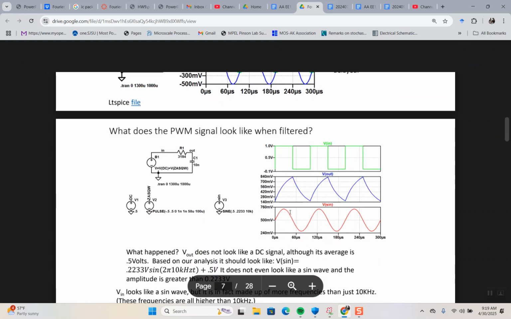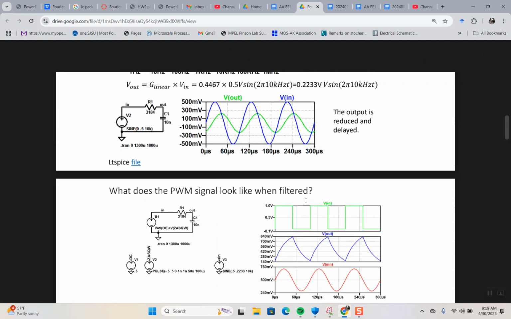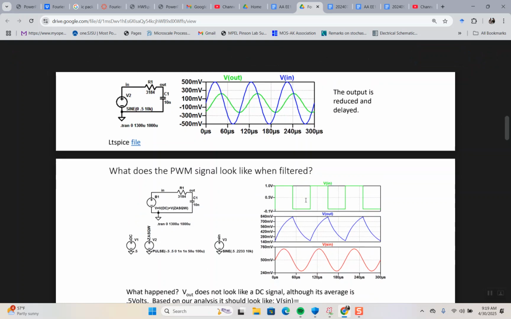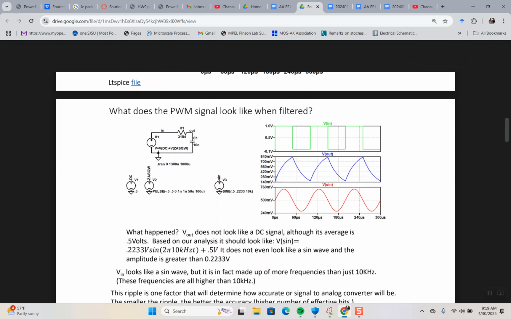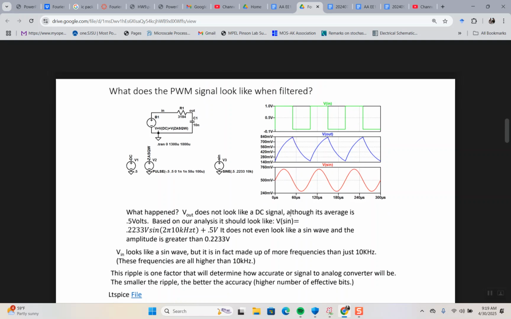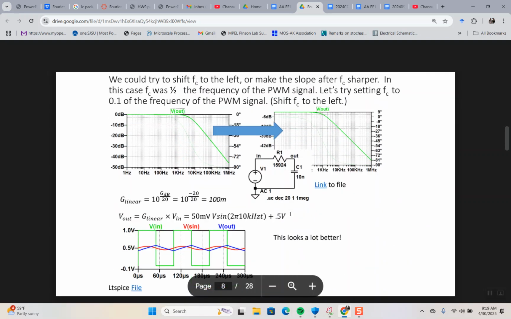But then I put in a square wave and I get this kind of triangle thing. That's because it's going up for the step response, but I turn it off before it plateaus and it comes back down. And then that's just a sine wave, right?